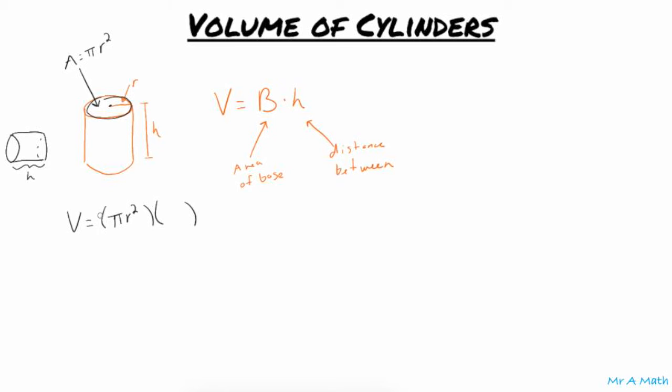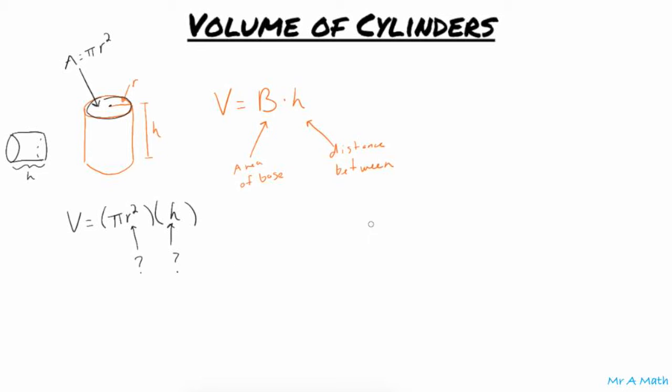So this is going to be the height of my cylinder. So whenever we are calculating the volumes of cylinders, the only variables are how tall the cylinder is and what the radius of the cylinder is. Those are the things I need to figure out in order to calculate this.